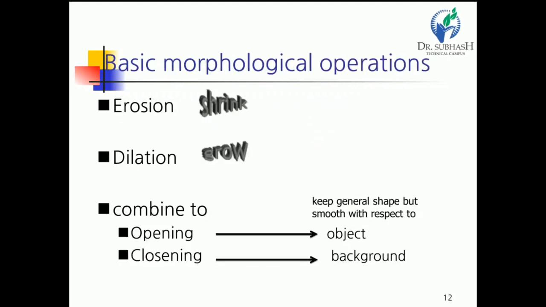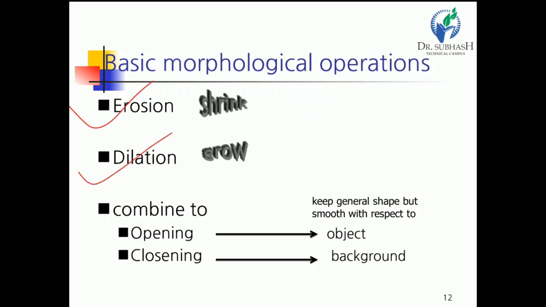For the basic morphological operations, we use mathematical operations. The first one is erosion, the second one is dilation.